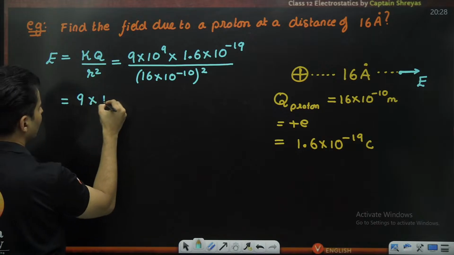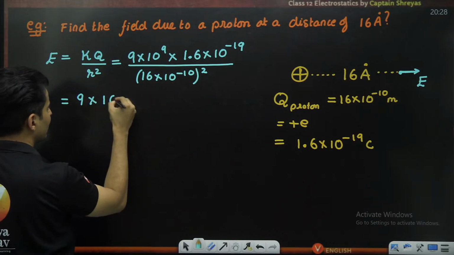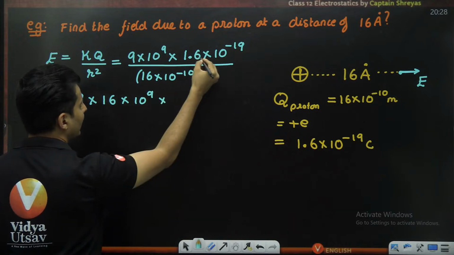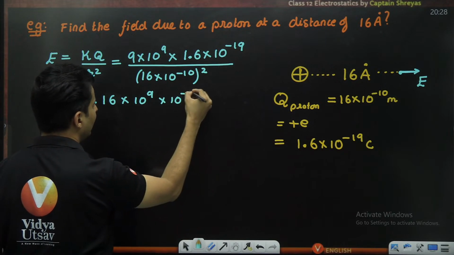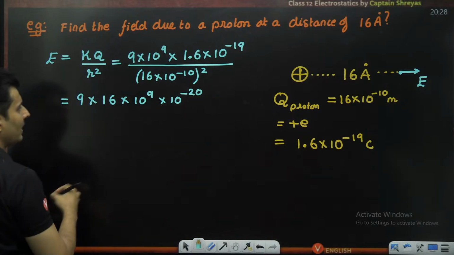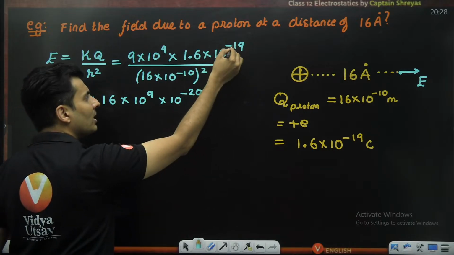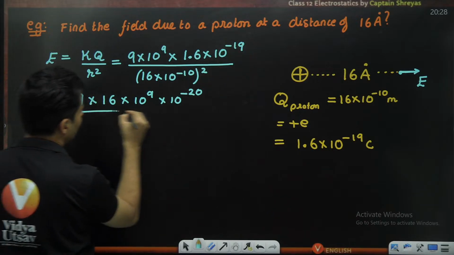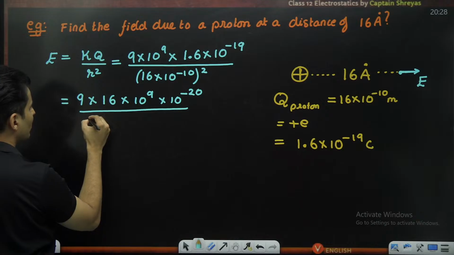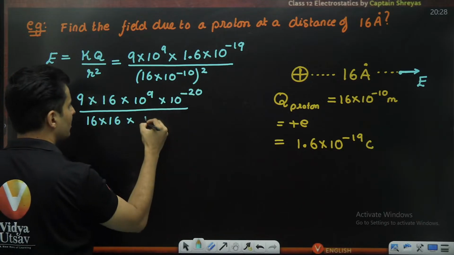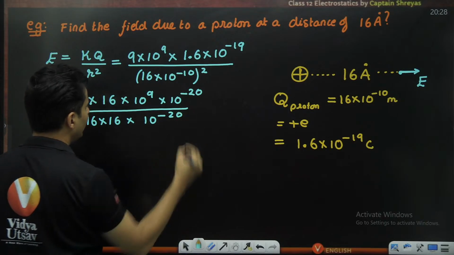But before doing that, why not write this 1.6 as 16, and this is 10 to the power 9. If I write it as 16, I have to increase the negative power, so it will become minus 20. Did you understand? I removed that decimal, so I have to put 10 raised to minus 20 on the top. This is 16 square, so 16 multiplied by 16 and 10 raised to minus 20.